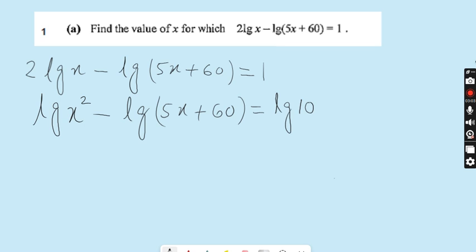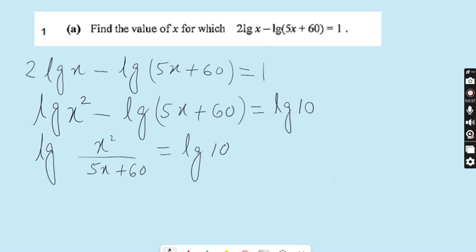Because if you find the value of lg 10 from your scientific calculator, you will get 1. Now apply the law again: the negative sign can be converted in terms of a fraction. So log x squared minus log (5x plus 60) becomes log of x squared upon (5x plus 60) is equal to log 10.